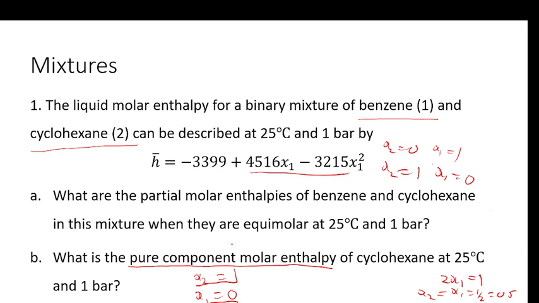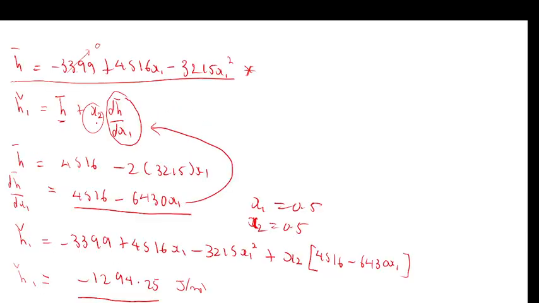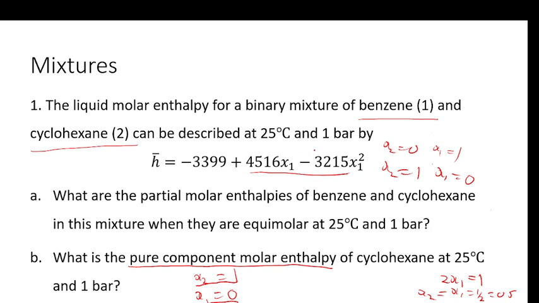So if we're looking for the pure component molar enthalpy of benzene instead, realize that x2 is 0. So we'll come back to this expression here. So here we'll have our h1 bar to be equal to our h bar. Then we said x2 be 0. So that's still going to be the same h bar. Right. So the long and short of this is that if you're looking for the pure component molar enthalpy of something, you don't need to go through the differentiation. You can just pick this expression here.